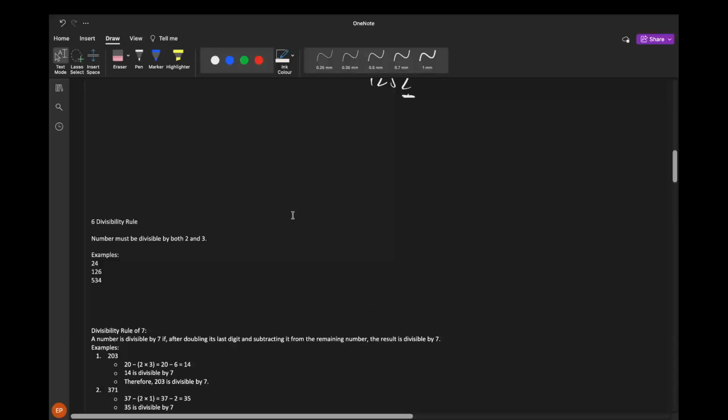Then comes the 6 divisibility rule. It is very simple because if you know the 2 divisibility rule and the 3 divisibility rule, then the 6 divisibility rule will be easy. Here I took an example as 24. What is the divisibility rule for 2? If the unit place is 0, 2, 4, 6, 8, then it is divisible by 2. What about 3? Adding the digits must be divisible by 3. 2 plus 4, 6, and 6 is divisible by 3.